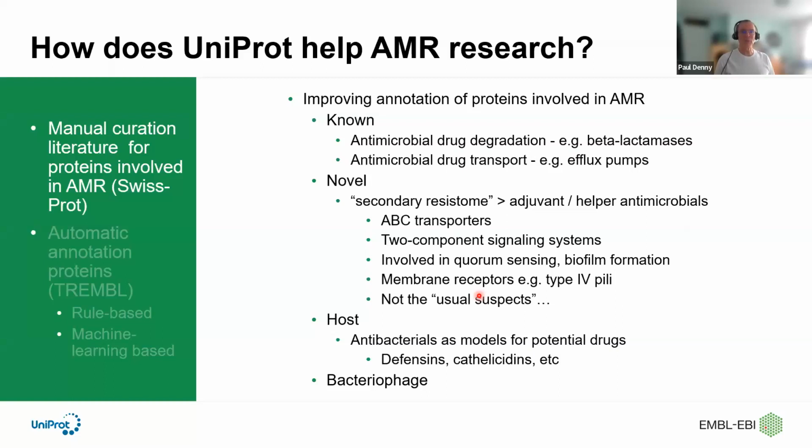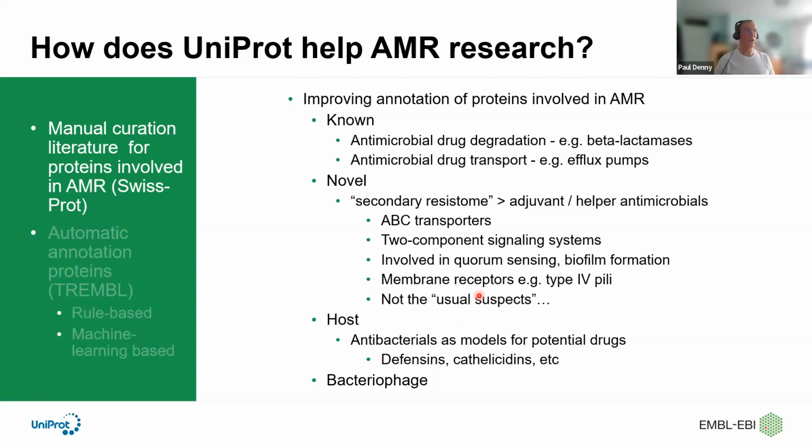So that was a slightly rushed run through of an example of a protein entry, a beta-lactamase that's involved in AMR. What other things have we been doing, and in what other ways do we help AMR research?